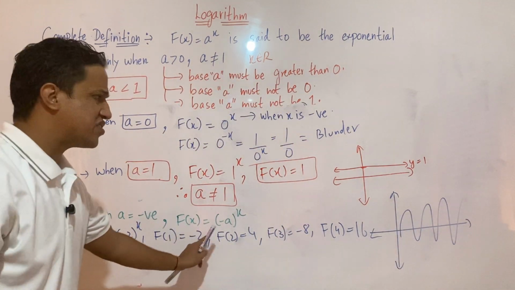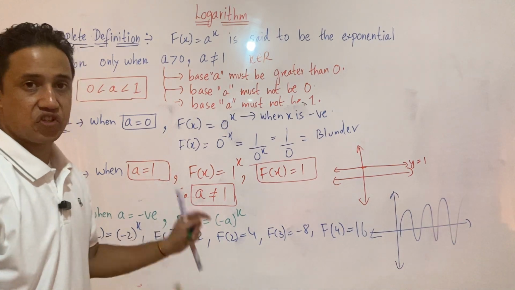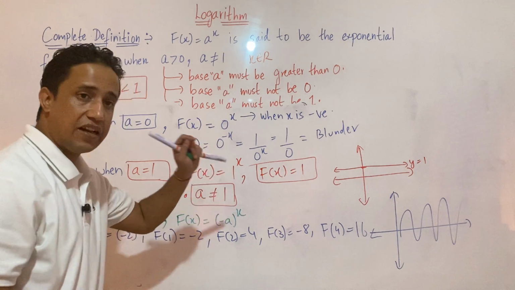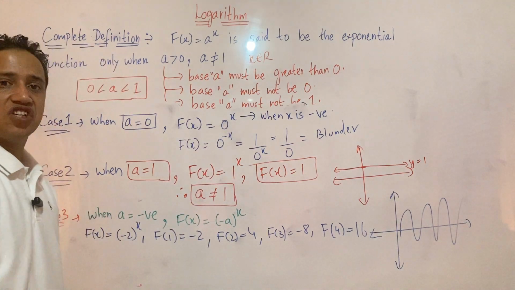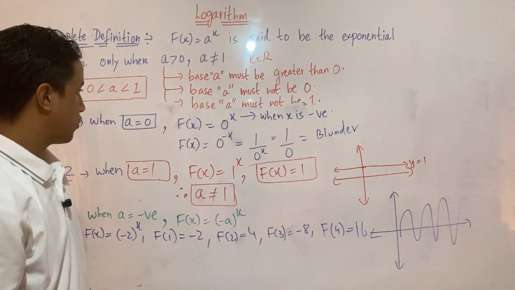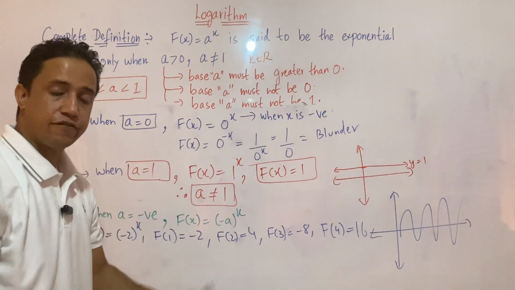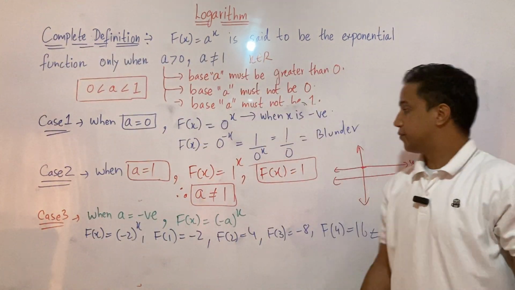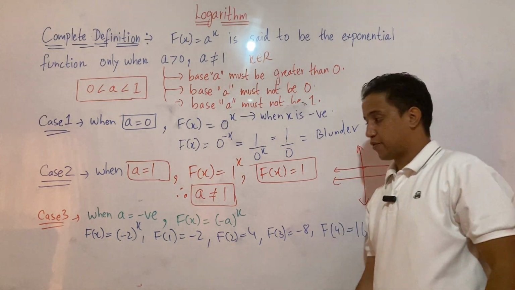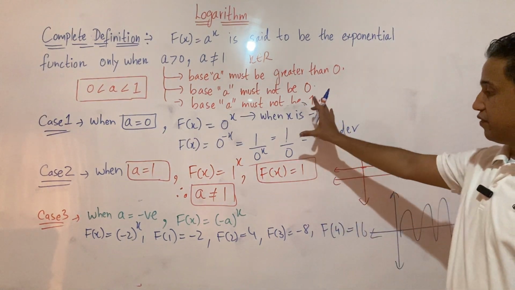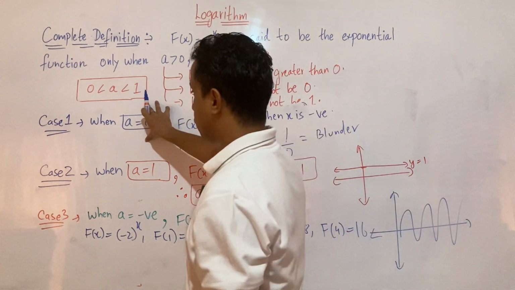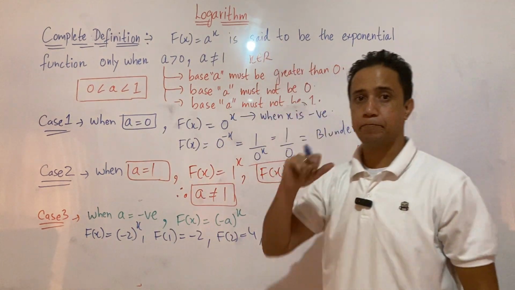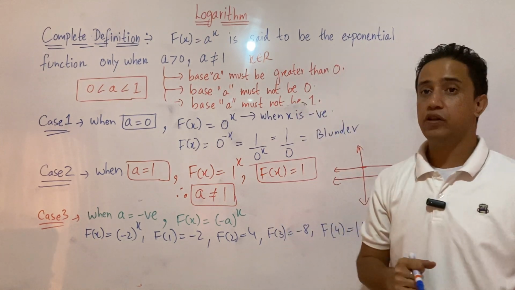It is a valid function, but it is not the exponential function. This is also a valid function, but not the exponential function. But this is an invalid function. Why? Because here you get the biggest problem. So that's why we don't consider these 3 things when we define our exponential functions.